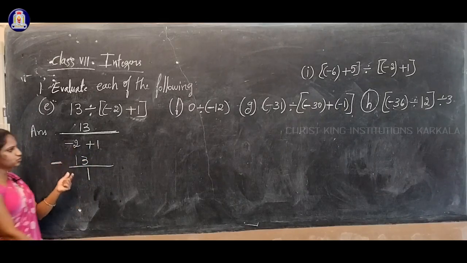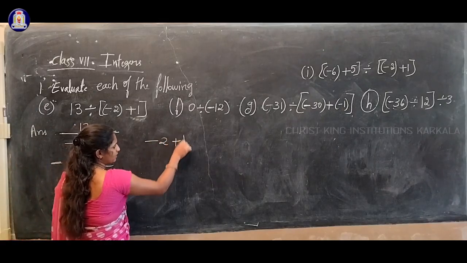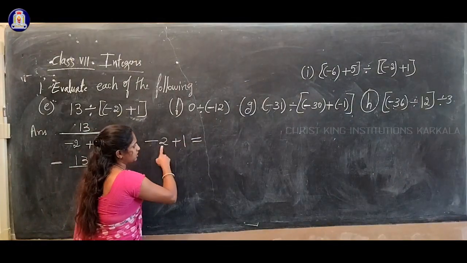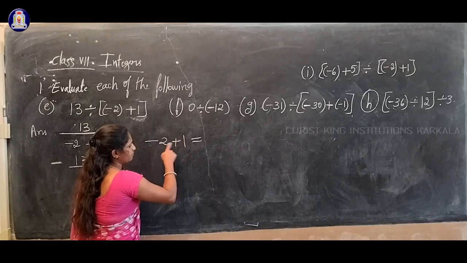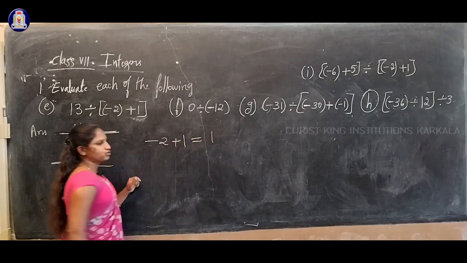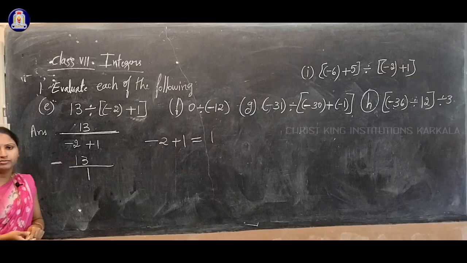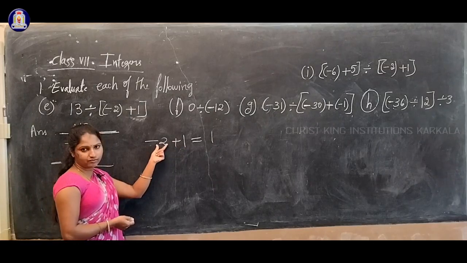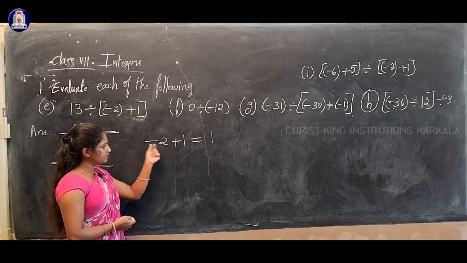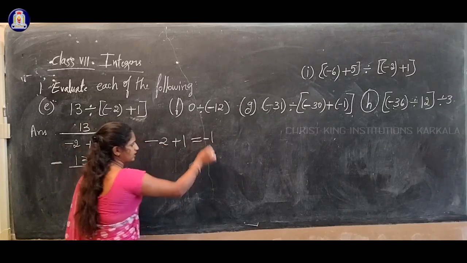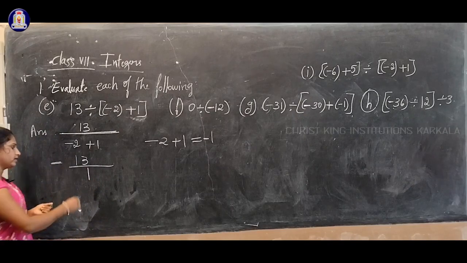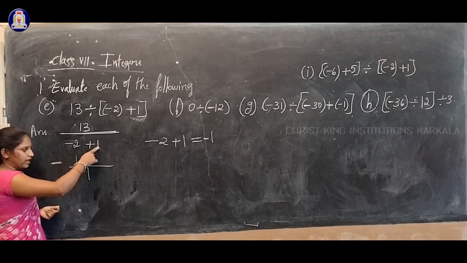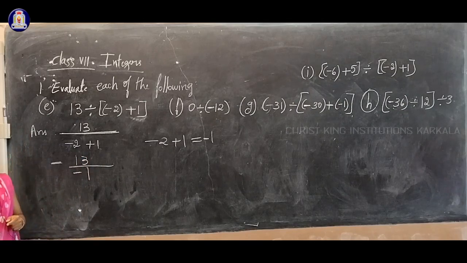Next you have to see the greater number's sign. 2 is greater than 1, and its sign is minus. So the answer is minus 1. In the denominator we will get minus 1.